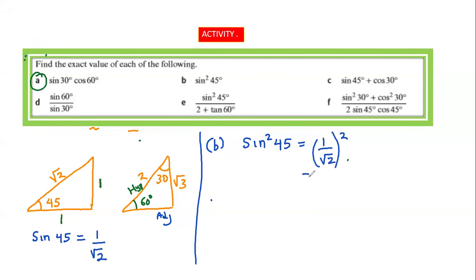So now we shall have 1 over root 2 squared, which is the same as 1 times 1 over root 2. We shall have a half.